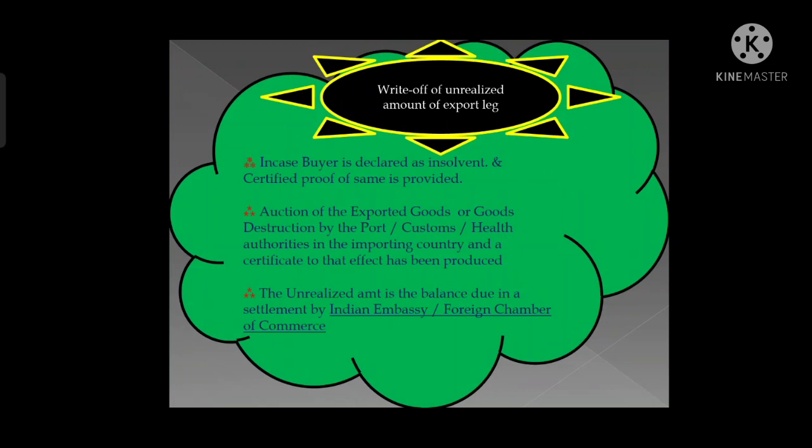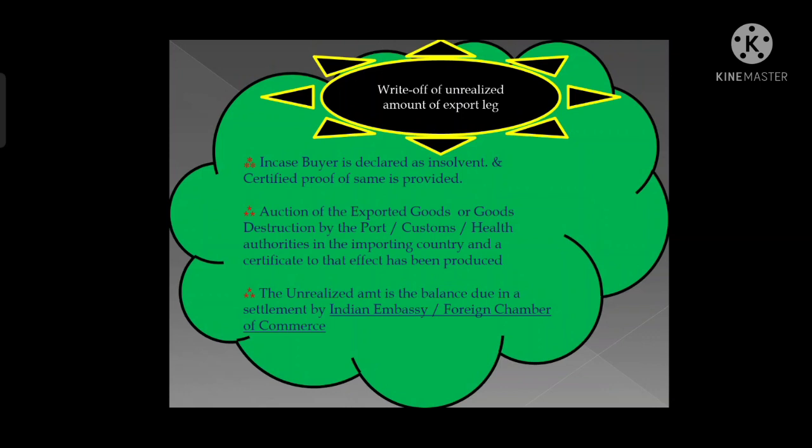Let's move forward. Now we will talk about the write-off of the unrealized amount of the export leg. In what cases can the export leg amount which is being kept outstanding be written off? There are three scenarios where it can be written off. If the buyer is declared insolvent, then it should be documented along with proof from the liquidator who certified that the amount cannot be recovered from the buyer.